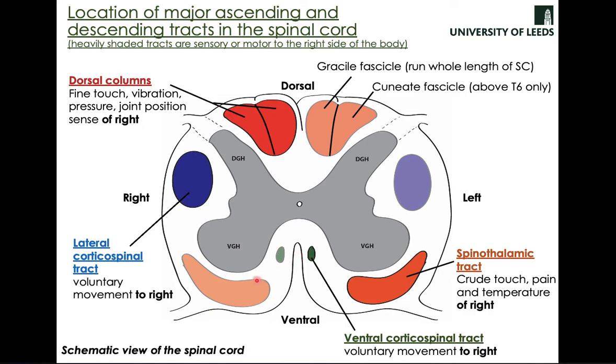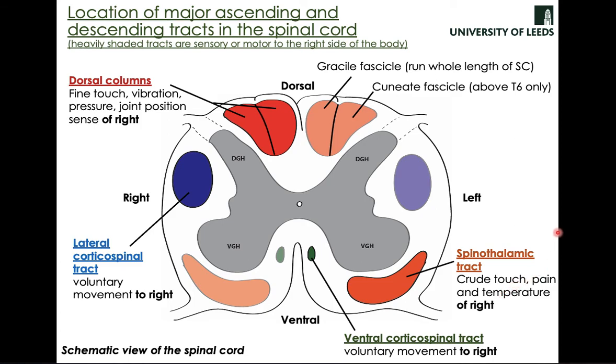Lastly, we have these spinothalamic tracts, which extend from the ventral region of the cord a bit laterally. These spinothalamic tracts on each side also carry ascending sensory information, but in this case from crude touch, pain, and temperature.